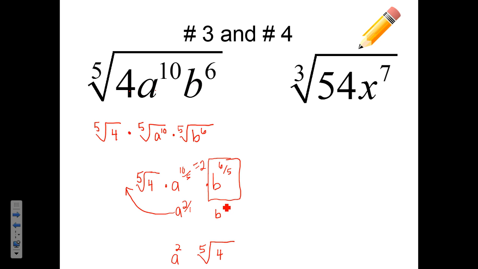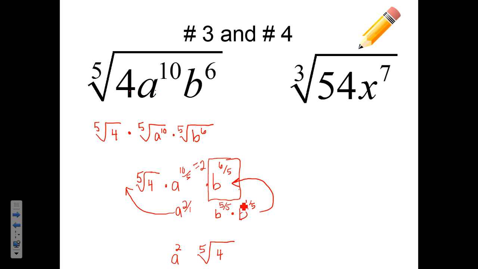Is b to the 5 over 5 times b to 1 over 5 the same thing as b to the 6/5? And I'm hoping you're going to say, yes, Mrs. Brendan, that is definitely the same, because when the bases are the same, we can add exponents. And 5/5 plus 1/5 give me 6/5.